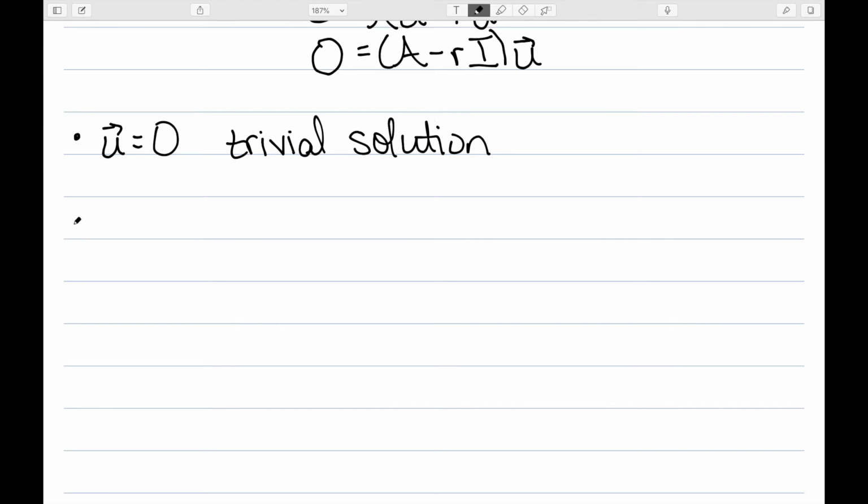The other would be that there is a non-trivial solution. And this happens if the determinant of A minus rI is equal to 0. So this will be our non-trivial.